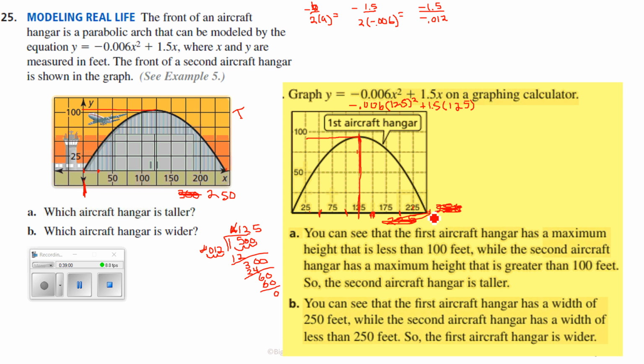And then, according to this, it looks like 250. I'm not quite following why they say the second one has a width of less than 250, because it looks like 250 to me. If that's the case, they would have the same width, right? So I'm not sure why they're making it look like the first hangar is wider. We're going to leave it at that. Just put down these answers and I'll count it right for you.